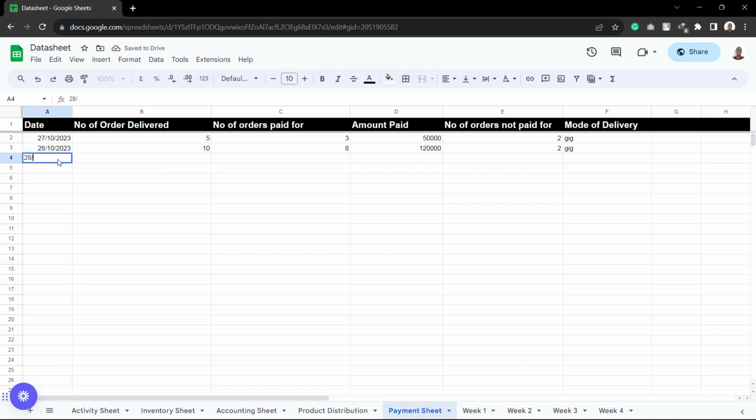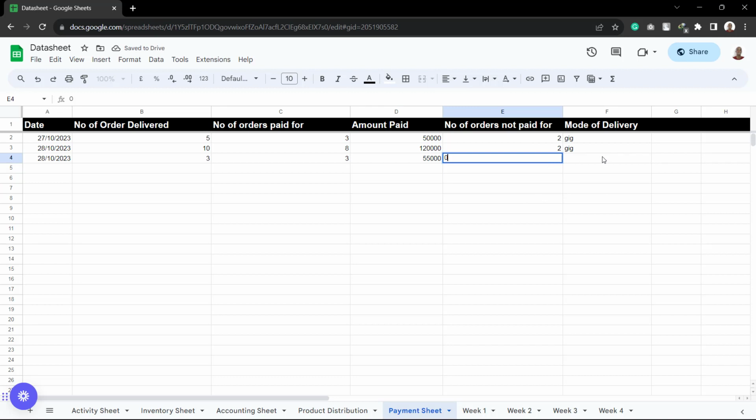Let's say today again we used our personal delivery agent in Abuja to make some deliveries. So 28th of October 2023, and he delivered 3 items for us. Ideally, those delivering for us would usually pay for everything once it's delivered. So they paid for 3, and let's say 55,000 naira was paid. How many orders are not paid for?